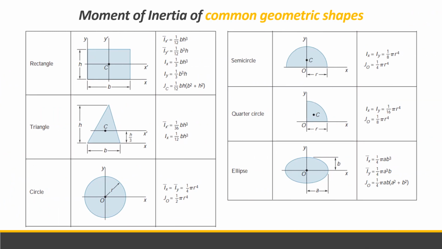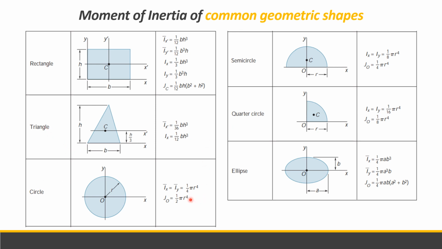Okay, so we have here the moment of inertia of common geometric shapes. We have rectangle, triangle, circle, semicircle, quarter circle, and ellipse. These are all given, no? These are all known sa mga problems. We have the centroidal moment of inertia with respect to the x and y axes, and the polar moment of inertia with respect to C. That is the same for the triangle and circle.